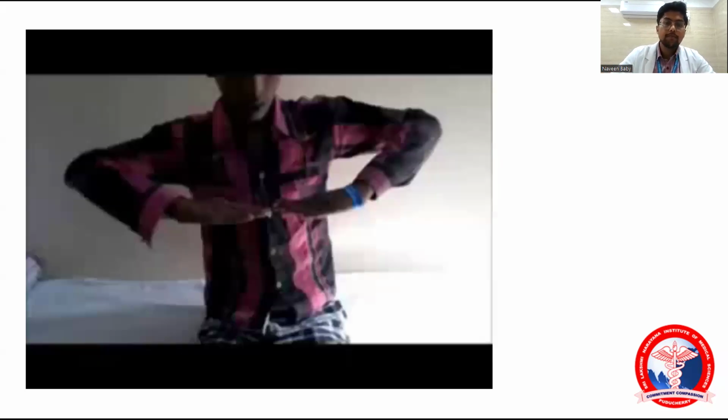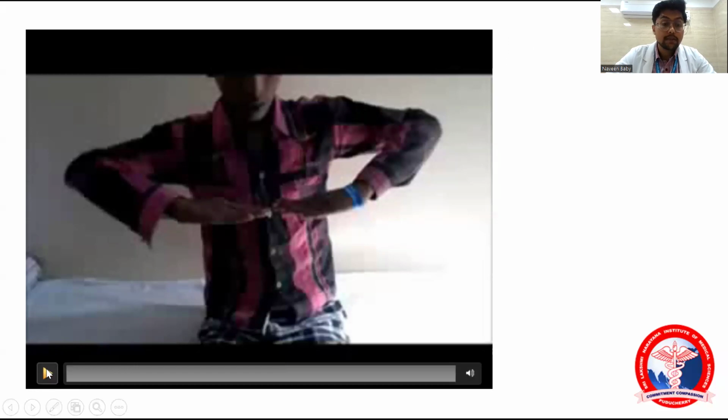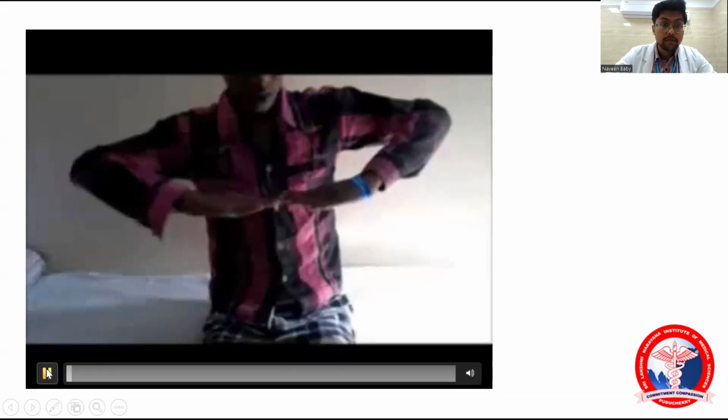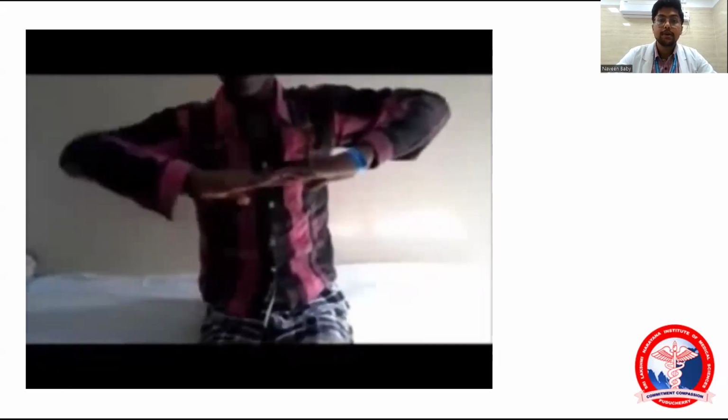Now, this is an example of wing beating tremors. If you just look at the video here, you can see it's a postural tremor. The patient, otherwise in his resting state, is not having any tremors. But when he keeps his hand in this posture, he has a wing beating kind of tremor.